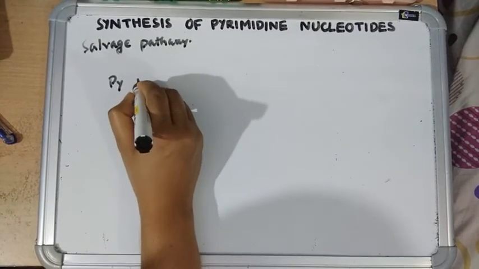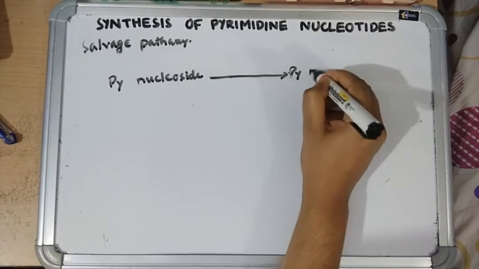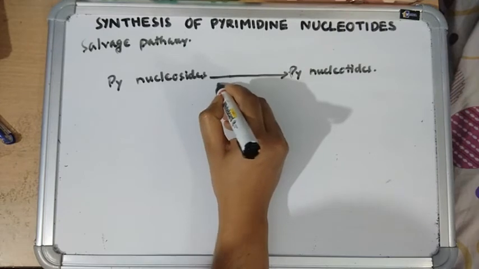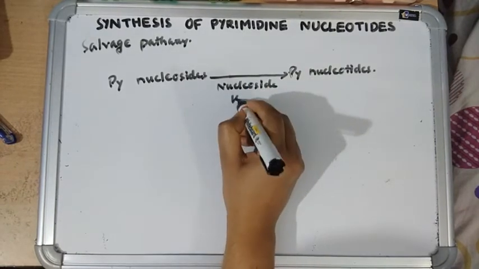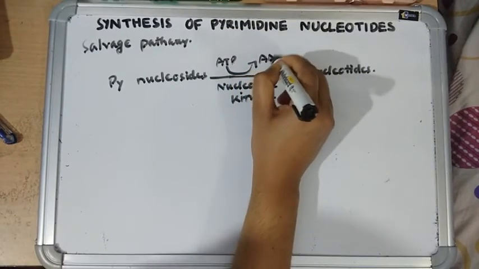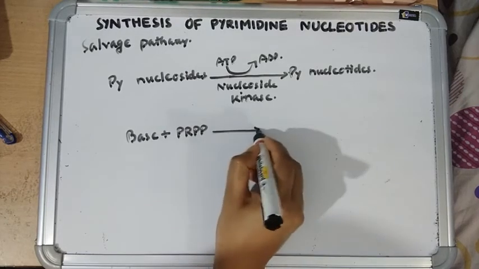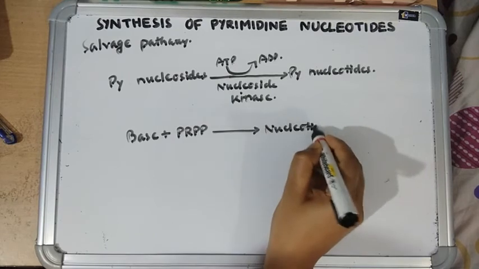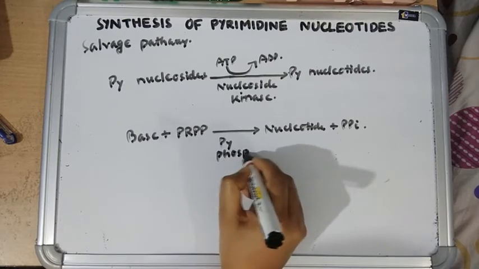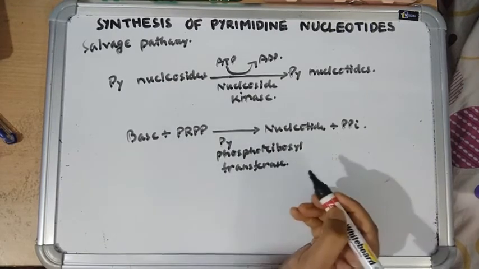One way is pyrimidine nucleosides can be phosphorylated into pyrimidine nucleotides by the enzyme nucleoside kinases, by phosphorylation, or the free pyrimidine base combines with PRPP to form the nucleotide and inorganic pyrophosphate by the enzyme pyrimidine phosphoribosyl transferase. So this is the salvage pathway.